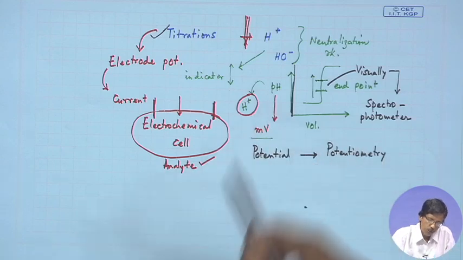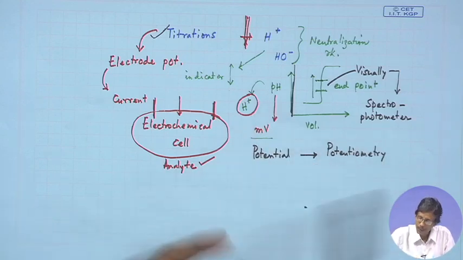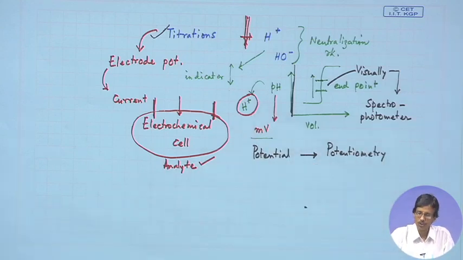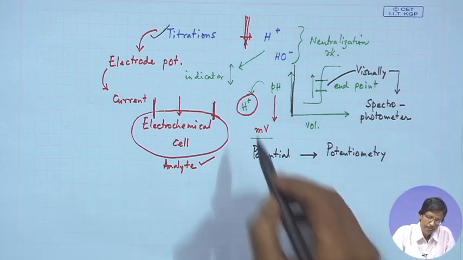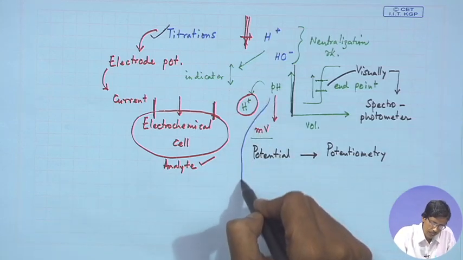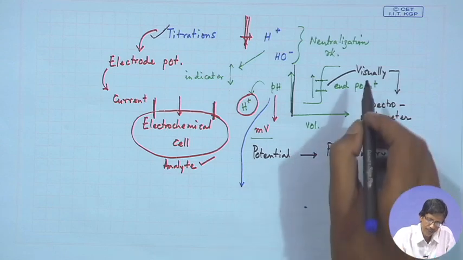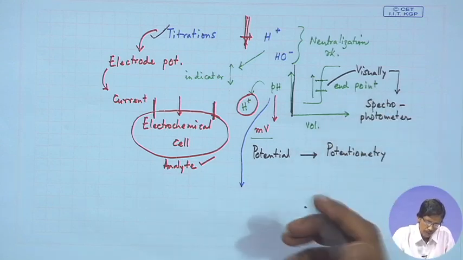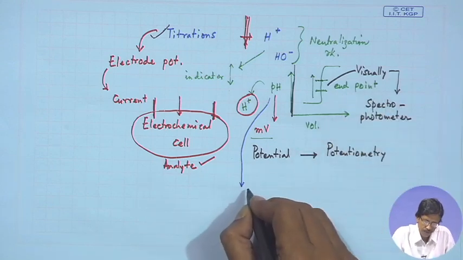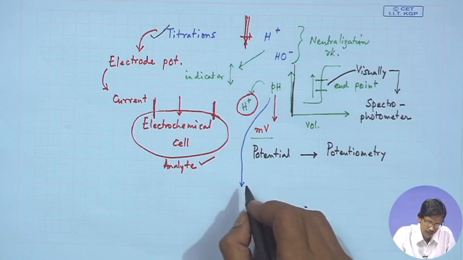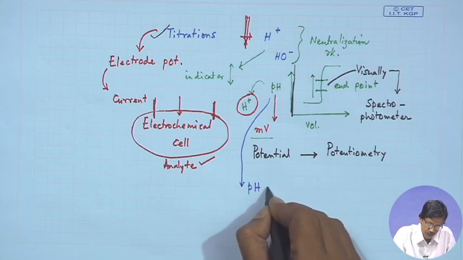Now, if we consider how we measure the pH values, we should know that there is a small benchtop instrument available to everybody, and nowadays it is available everywhere. It is your pH meter.